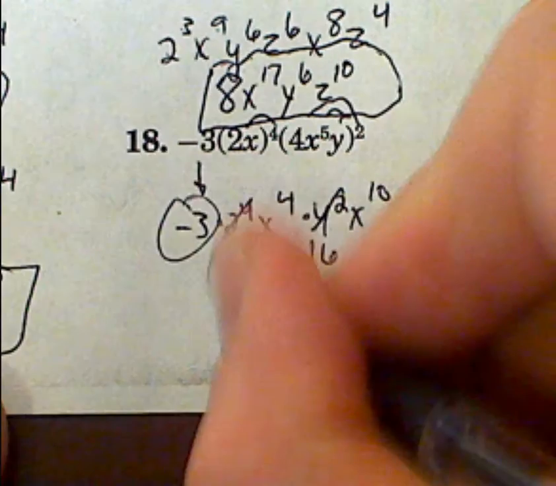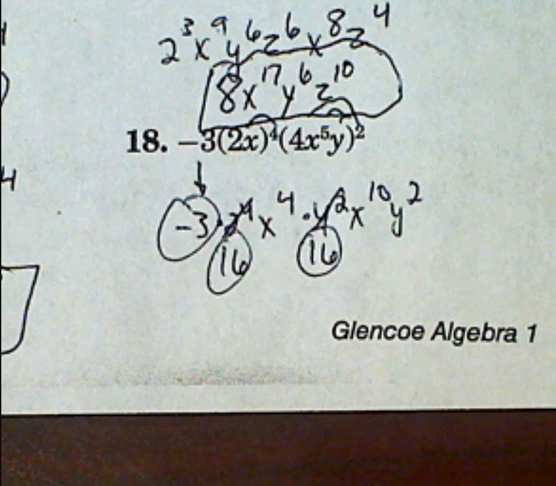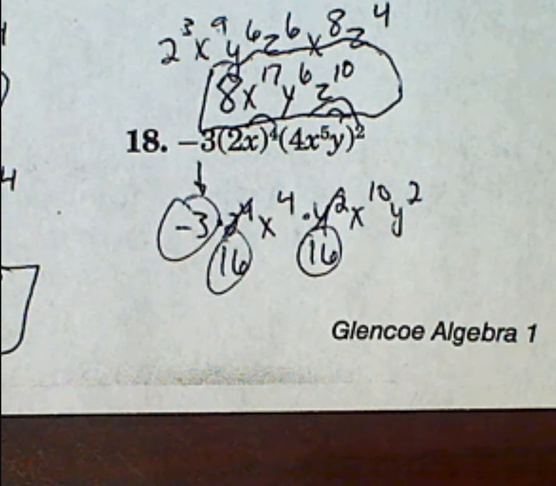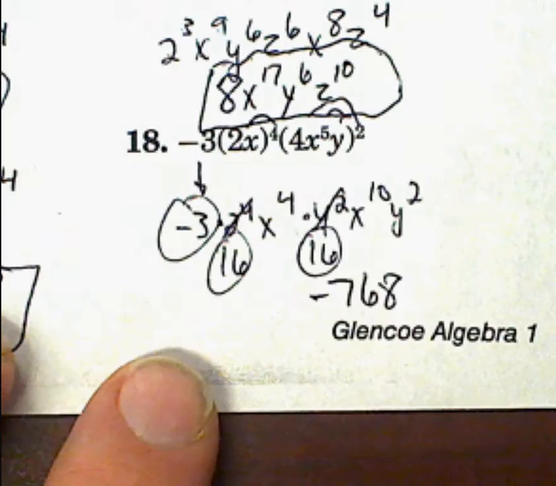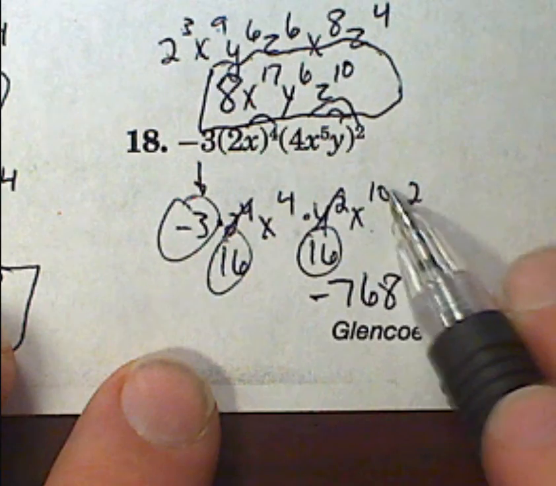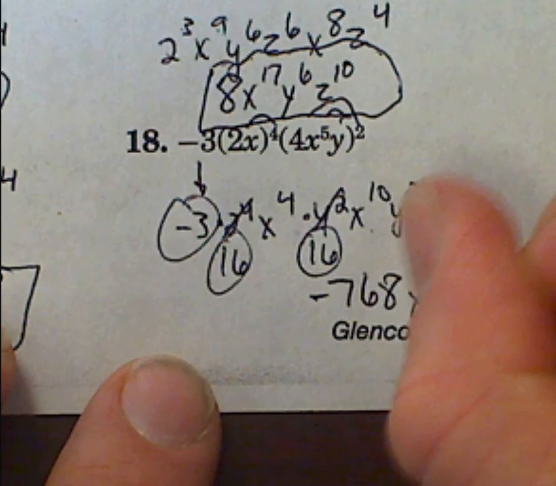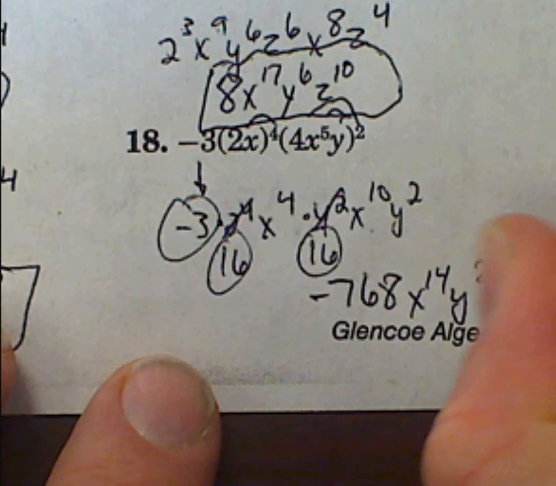This is the front number, front number, front number. -3 times 16 times 16 gives me -768. x4, x10 becomes x14, y2.